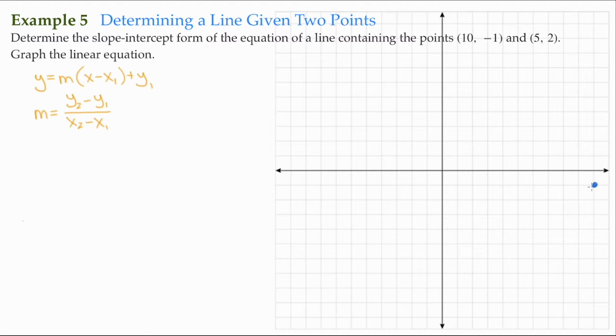And there's (10, -1). Then we have (5, 2). We'll go 1, 2, 3, 4, 5, and then up 1, 2. All we need is 2 points in order to be able to draw our line. So we'll put the line in.